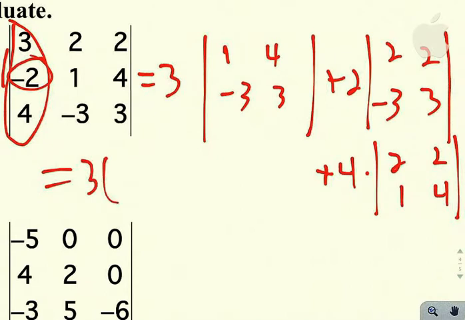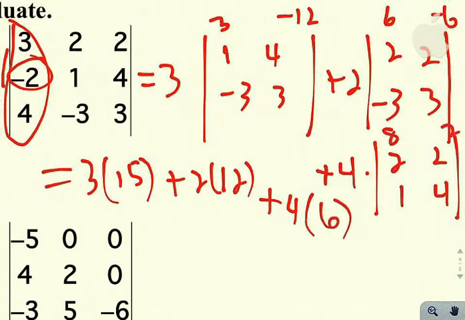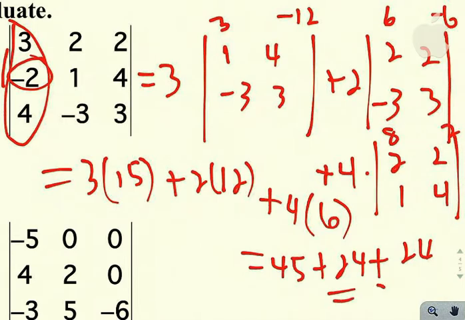So we're going to have 3 times, let's see, this will be 3 minus 12, so this is 15. This is 6, and that's minus 6, so 2 times 12. Plus 4 times, let's see, this is 8, and that's 2, 6, okay. So we're going to have 45 plus 24 plus 24 is 93.